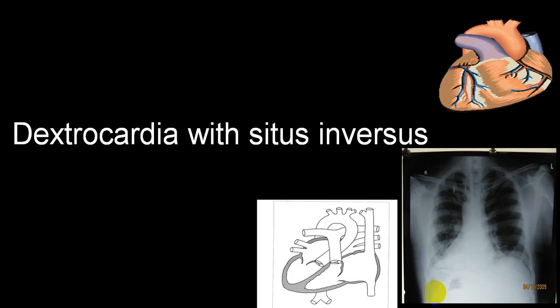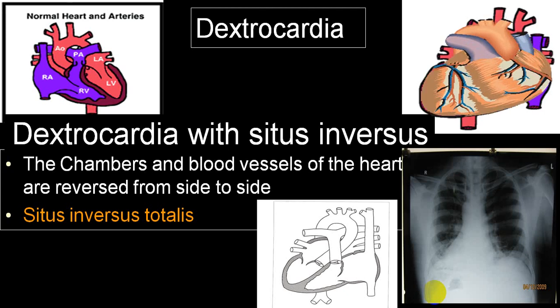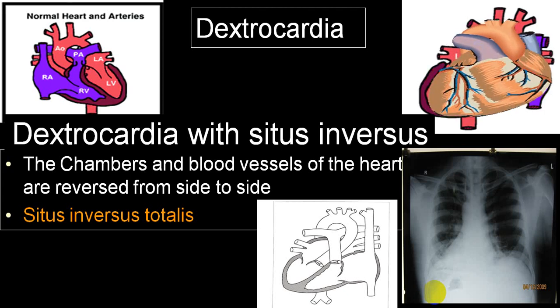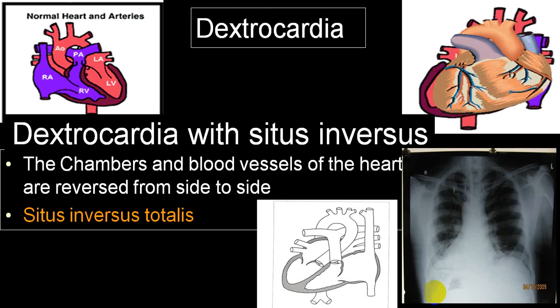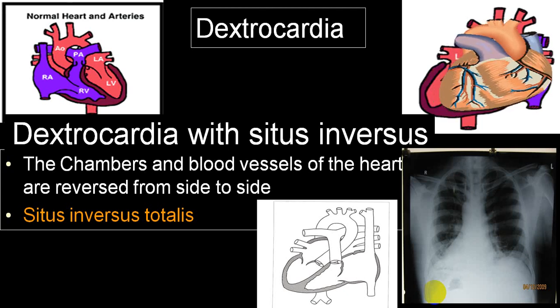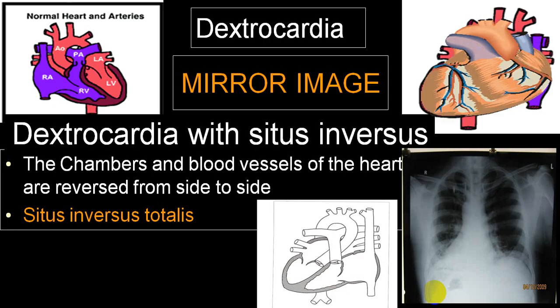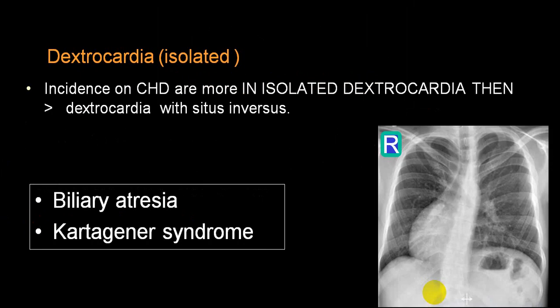So this is dextrocardia with situs inversus, or we also use the words situs inversus totalis, or mirror image dextrocardia, or total situs inversus with dextrocardia, etc. These are the common words utilized. Kartagener syndrome may be associated with dextrocardia with situs inversus, and in that case you can have agenesis of the frontal sinus and ethmoidal sinus.